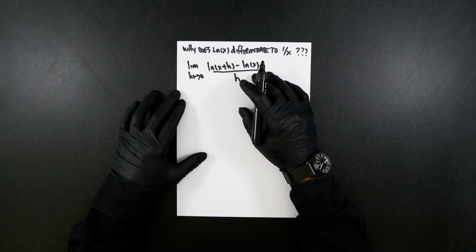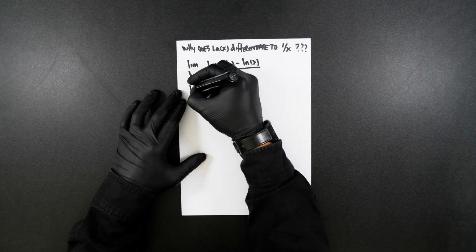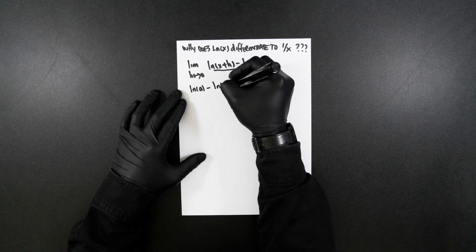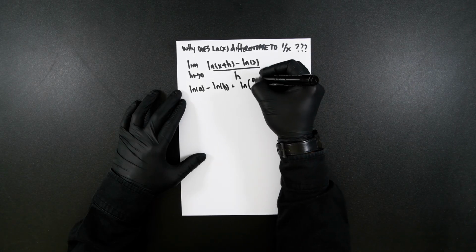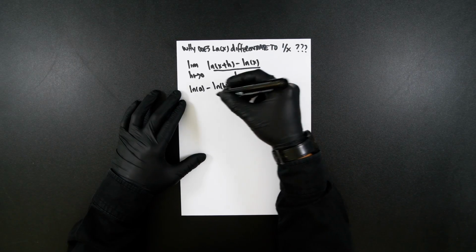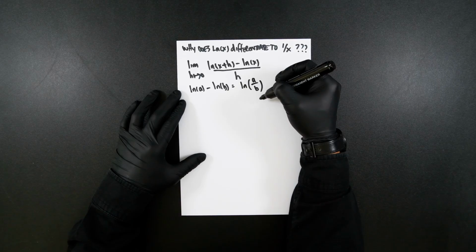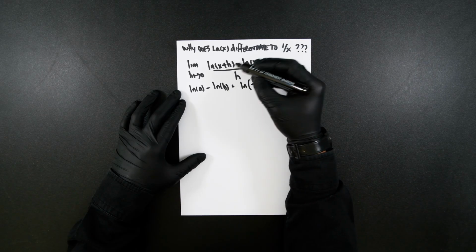You now use a very popular and well-known identity, which is ln a minus ln b equals ln(a over b). Because it's subtracted, whatever is inside the brackets is put into a division to simplify it. So we can now apply this.